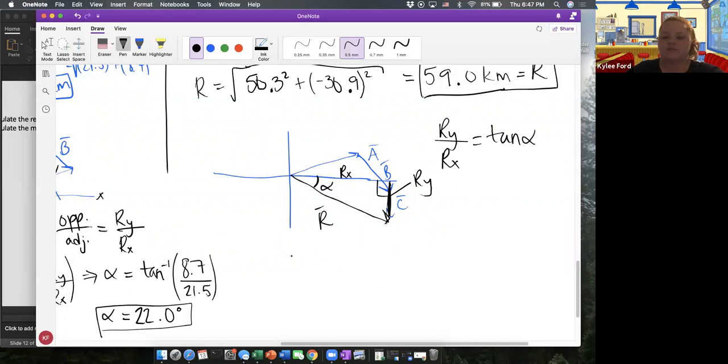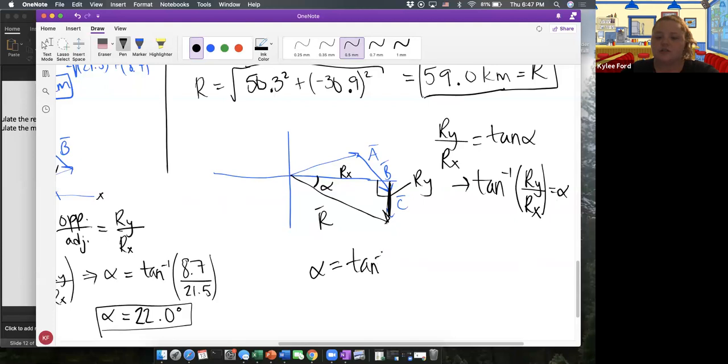But we're going to get a different value. So remember, we can solve it this way: tan inverse of RY over RX equals alpha. Then we can put our numbers in. So alpha equals tangent inverse of RY, which was 50.3, divided by our RX.